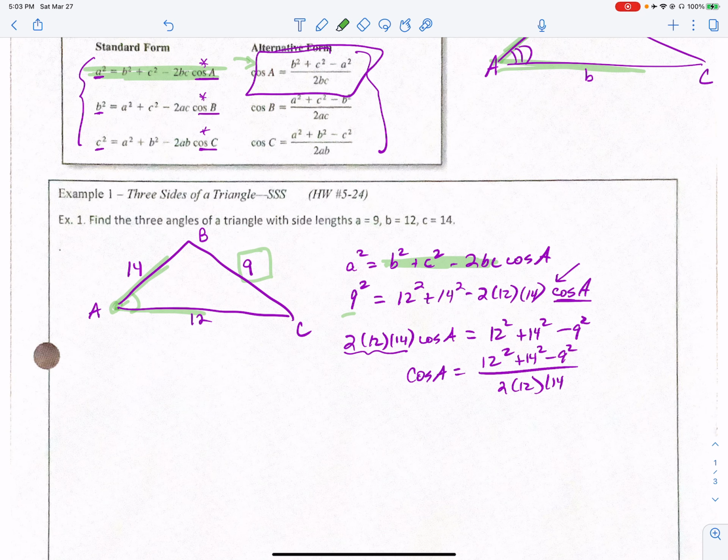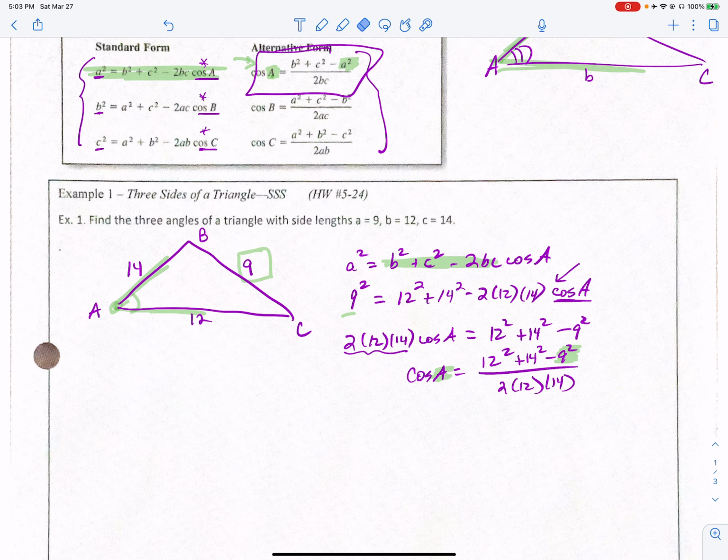And in that form, whatever this angle is, the side opposite is what you are subtracting in the numerator, the square of it. And so we have angle A, and the side opposite it was the 9, and that's what we're subtracting in the numerator, and it is being squared. And then it is the product of the other two sides, doubled, that's in the denominator.